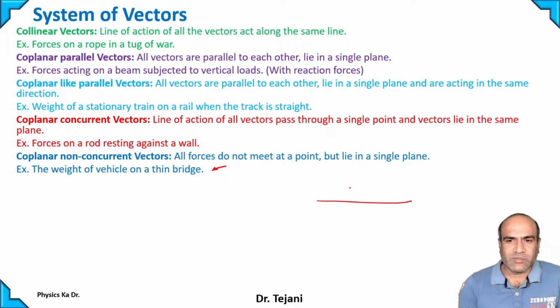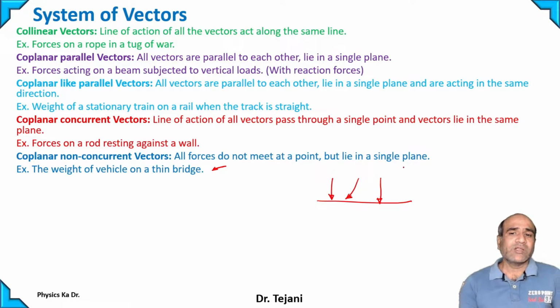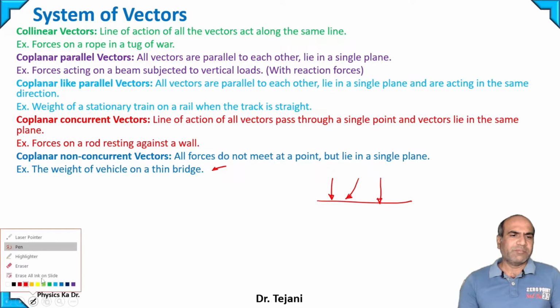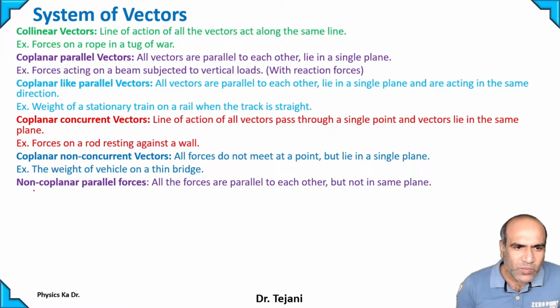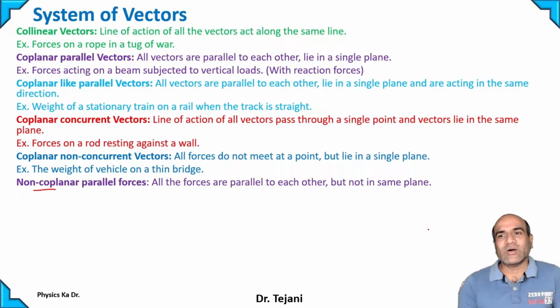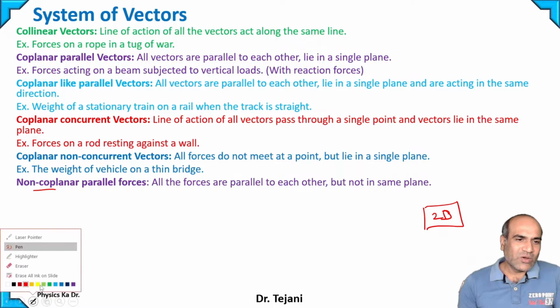Say for example, this is a bridge. One vehicle is here, another vehicle may be at some angle, with some kind of load, and it is having some movement. So all are not meeting, none of them are meeting. Non-coplanar means not 2D, but 3D, not in a single plane.